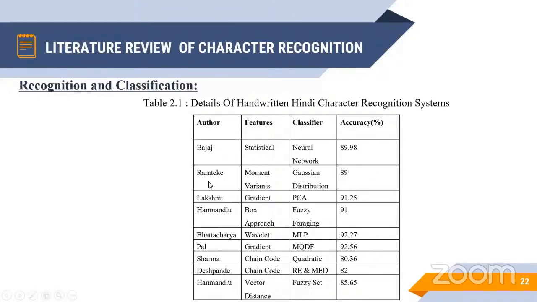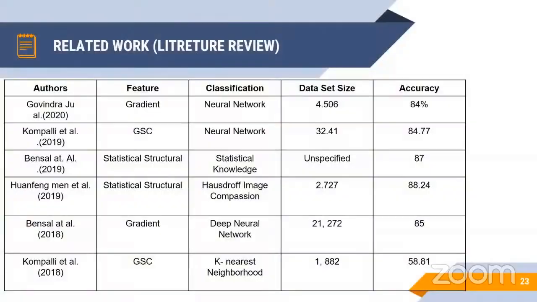The next one is Ram Teke, the accuracy is 89. Lakshmi using the PCA algorithm, 91%. So these are all different authors. They have found the accuracy using different classifiers, and these are all the accuracies.